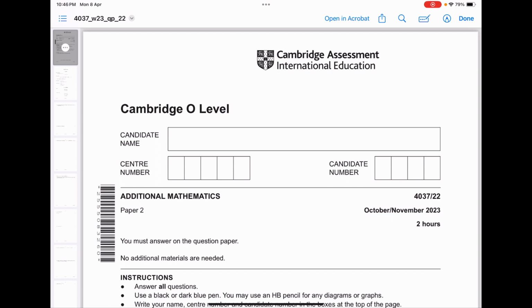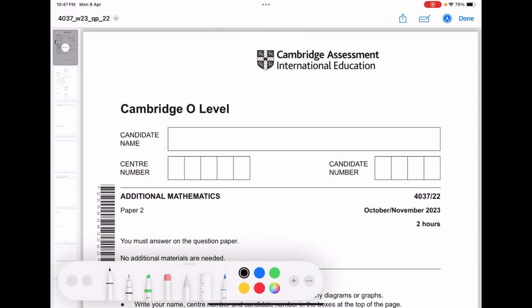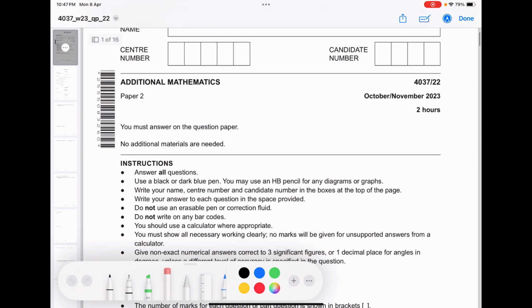Before starting the paper, first you must write your candidate name, center number here, and candidate number here. Then some information is given. This is a 2 hour exam.